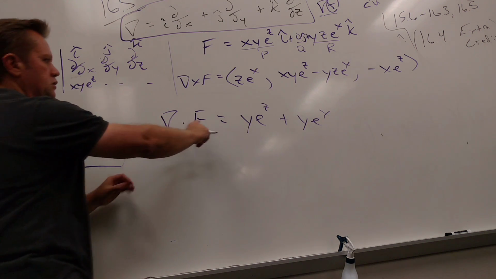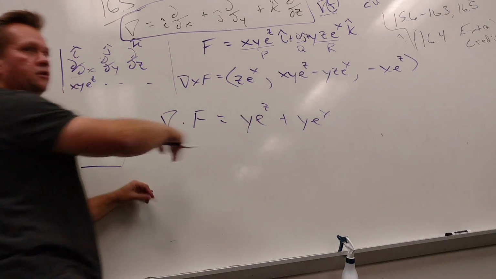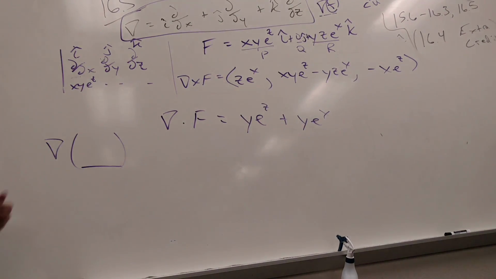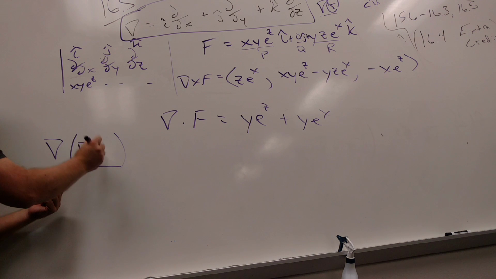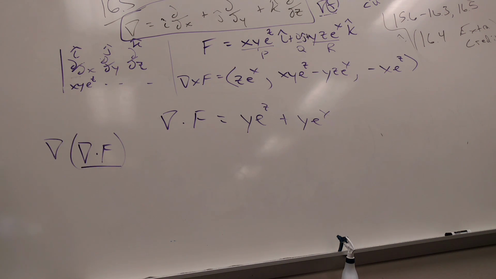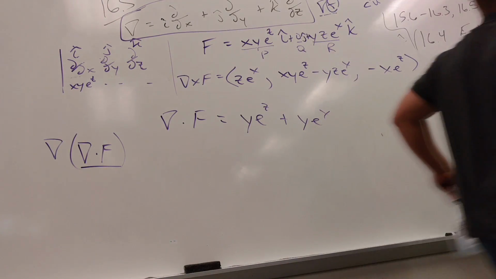And when you take a divergence of a vector field, you end up with a plain old function. So you could totally take the gradient of the divergence. Now, what do you think this might mean? The gradient is going to be how related to, well, I don't want to say this. Totally unrelated. There's no relevance between them.